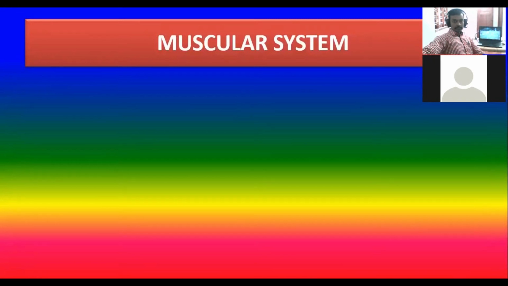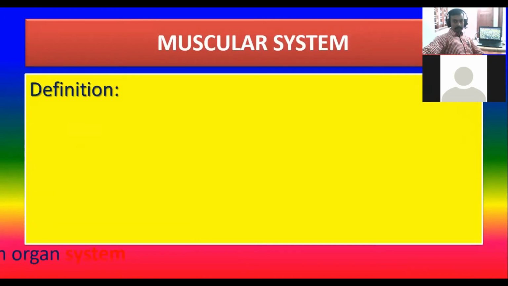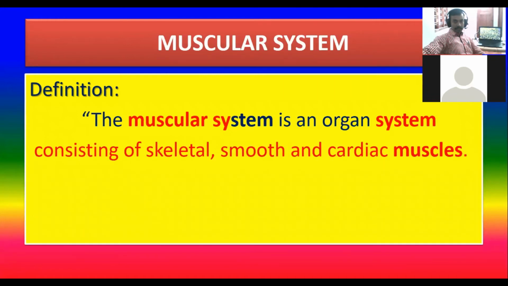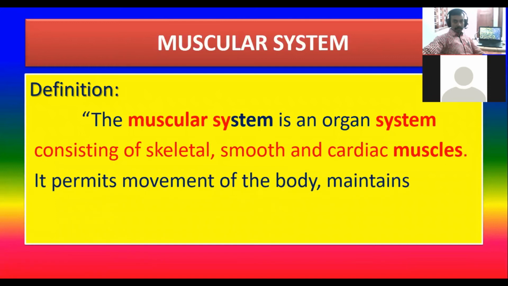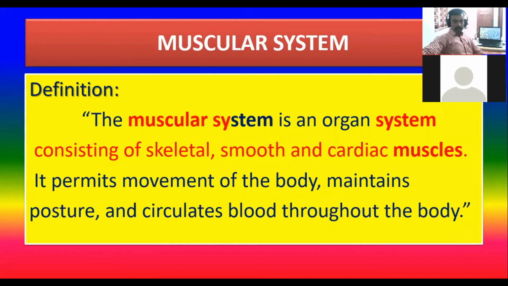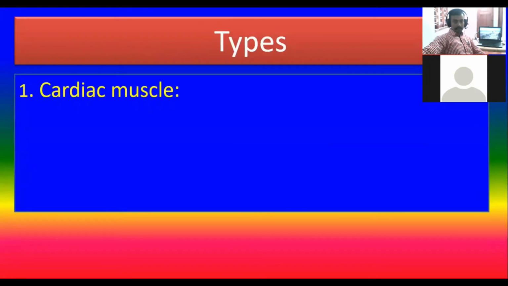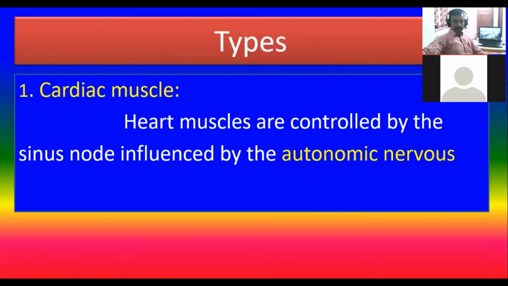First, we are going to briefly cover the muscular system. The definition is an organ system consisting of skeletal, smooth, and cardiac muscles. Main functions are movement of the body, maintaining pressure, etc. Types of muscles: cardiac muscles, controlled by the autonomic nervous system.